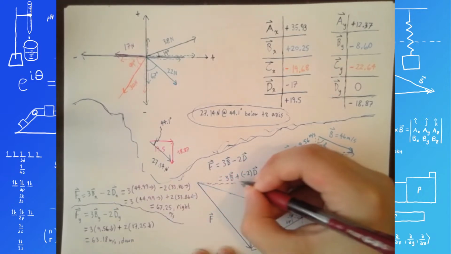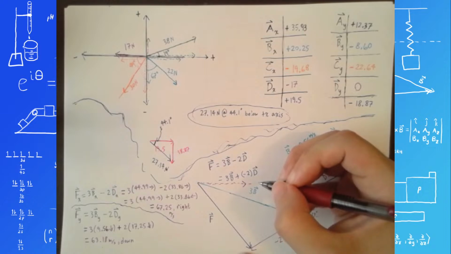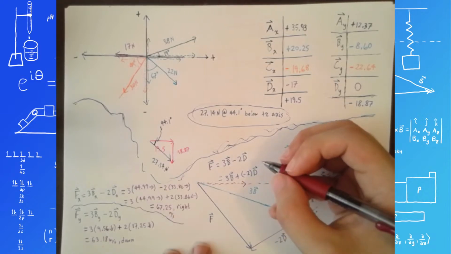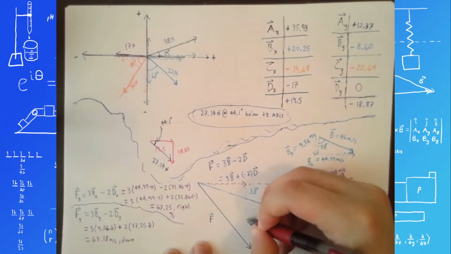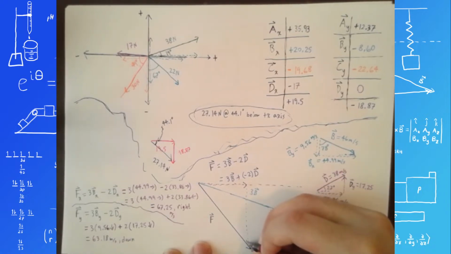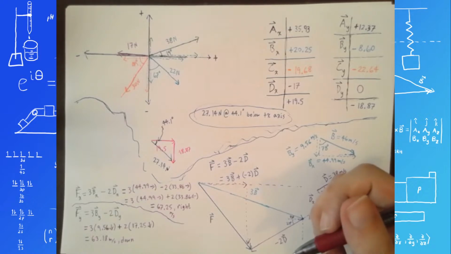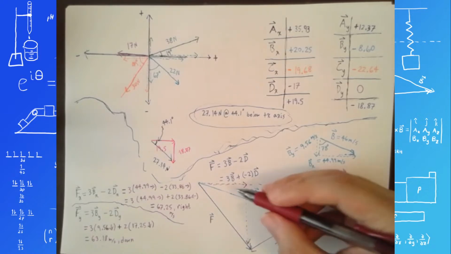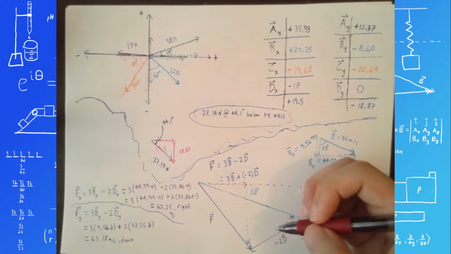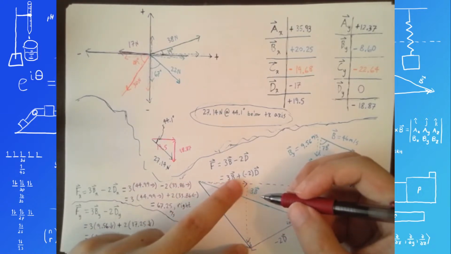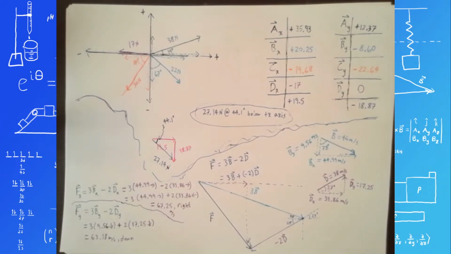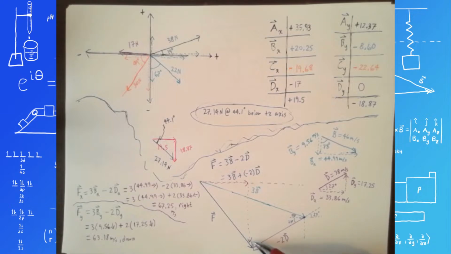Yeah, fx is about that long, and fy is just going to be this. 67.25 and 63.18. Yeah, I guess my drawing is off because this is supposed to be longer than this. Oh well, at least I tried. Okay, now I'm more confident that this was not a right triangle we were making here.